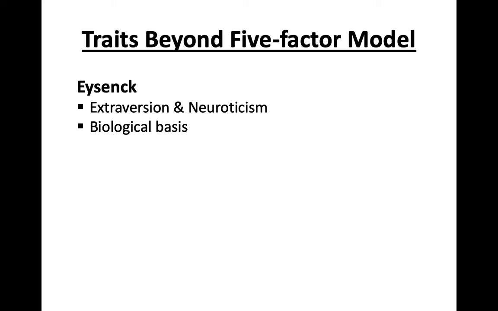So Hans Eysenck attempted to link these two dimensions to people's underlying differences in their physiology or biology. He hypothesized, for example, that introverts experienced too much sensory stimulation from the environment, and there was a biological basis for that. And because they would be overly stimulated by environments, that made them seek out quiet settings. Okay, so there was a biological basis for these traits.